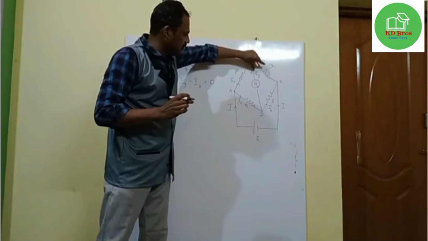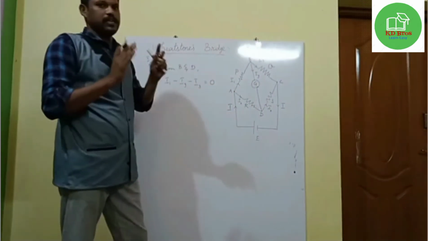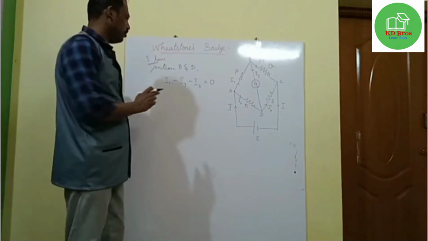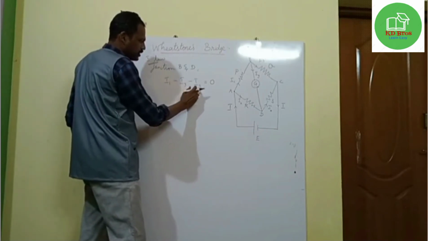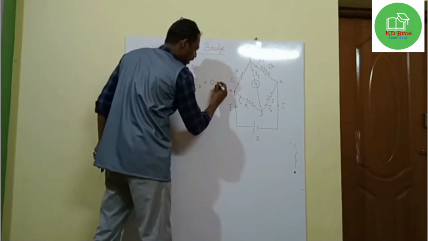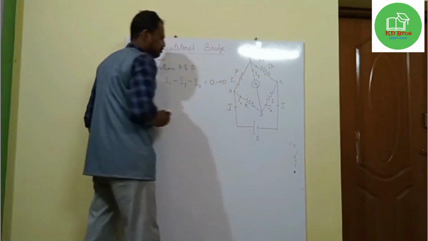When the current is leaving the junction, it is taken as a negative value. So I1 minus Ig minus I3 is equal to 0, and this is equation number 1.